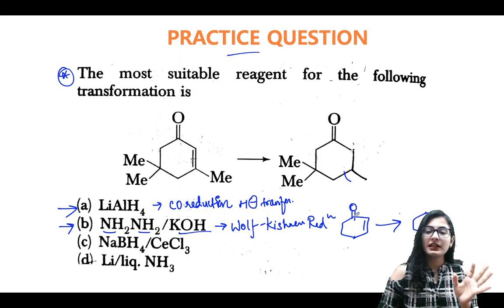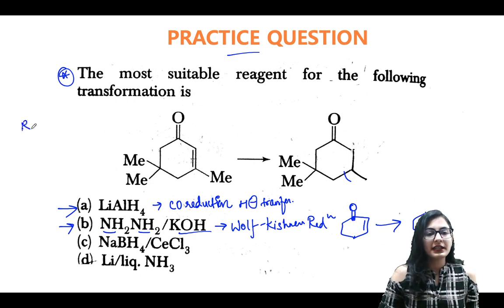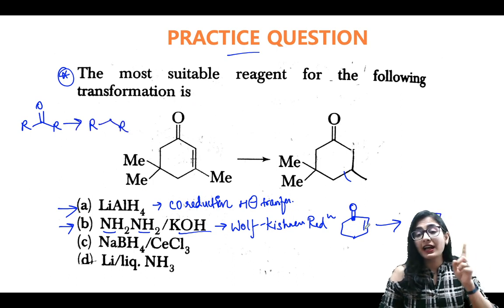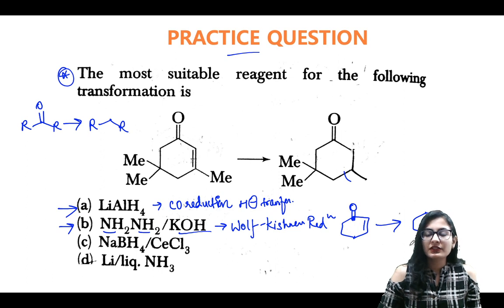If we are simply taking a ketone in the Wolff-Kishner reduction, it is going to give us an alkane. But this is an alpha beta unsaturated ketone, so we are going to get this product. Isomerized reduction is going to happen. Right, Wolff-Kishner reduction, definitely not this option.